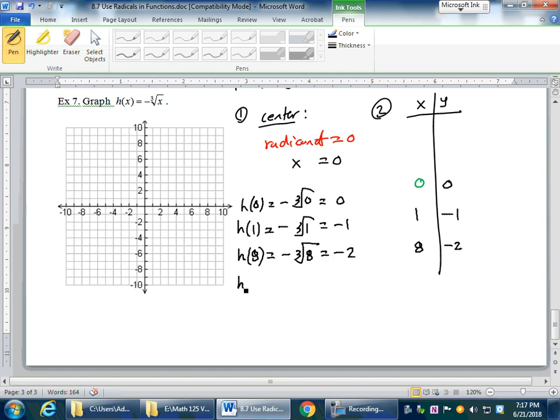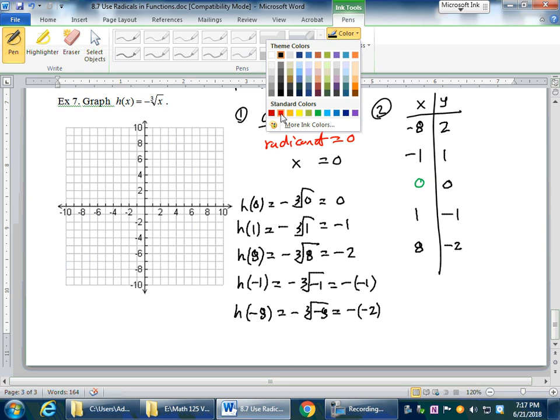On the left hand side, that will become h of negative 1, so negative cube root of negative 1, that will be negative of negative 1, which is going to be a positive 1. Lastly, picking negative 8, that gives me negative cube root of negative 8, which is negative of negative 2, so when I pick negative 8, that will become a positive 2.